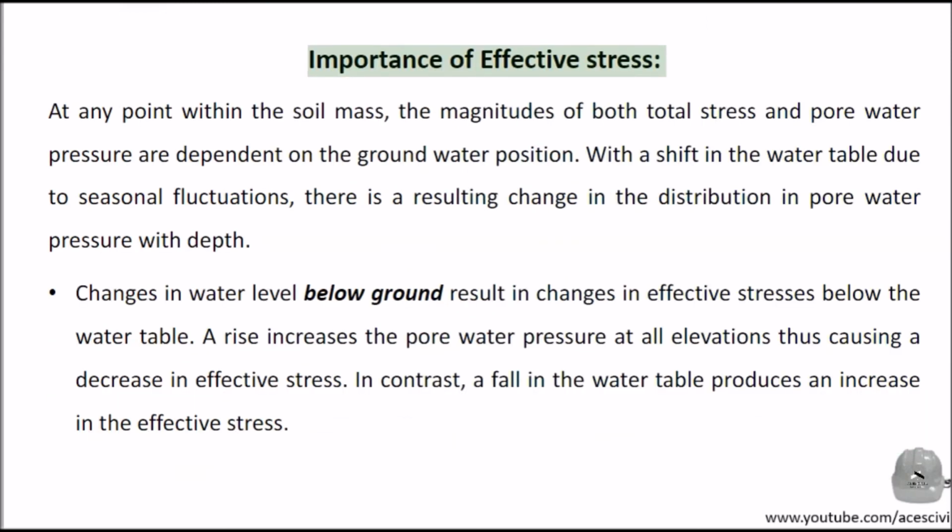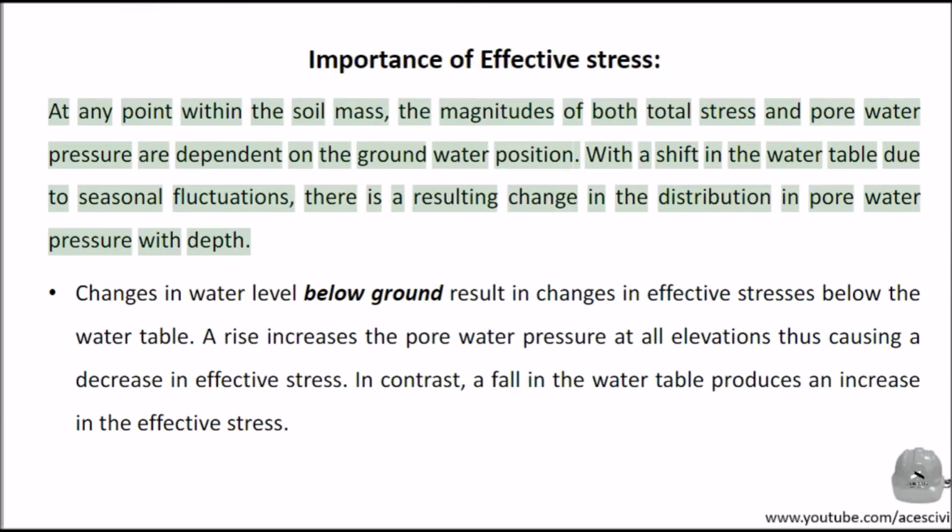Importance of effective stress. At any point within the soil mass, the magnitudes of both total stress and pore water pressure are dependent on the groundwater position. With a shift in the water table due to seasonal fluctuations, there is a resulting change in the distribution in pore water pressure with depth.